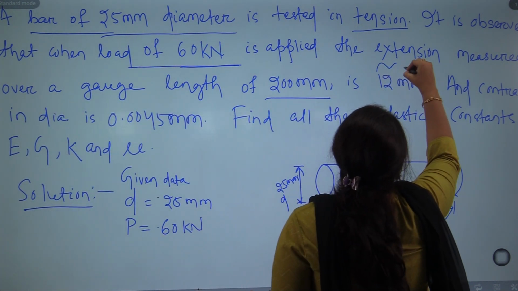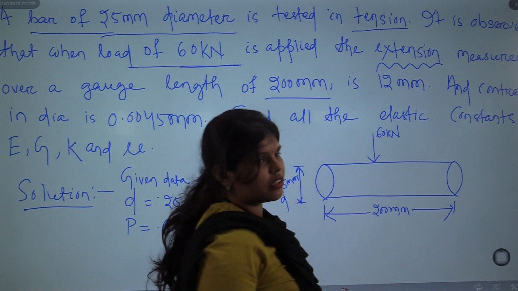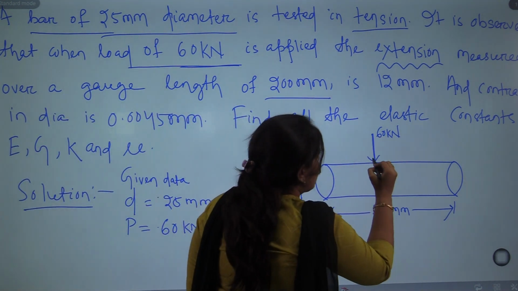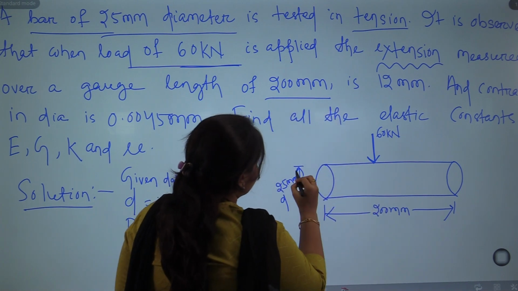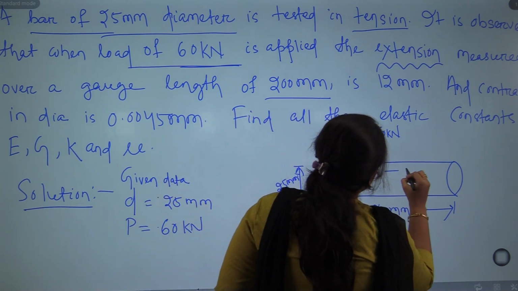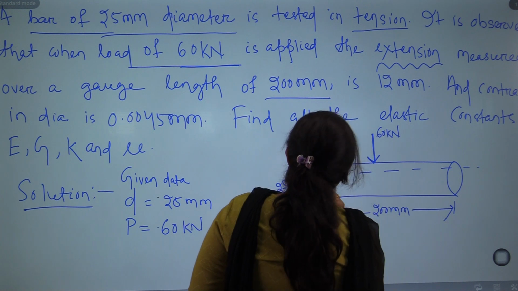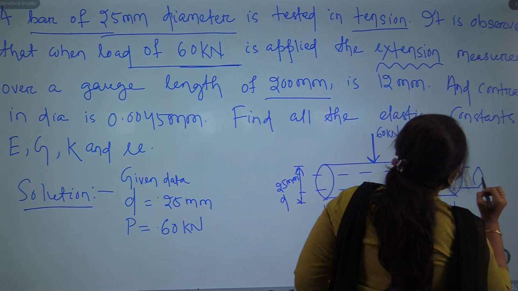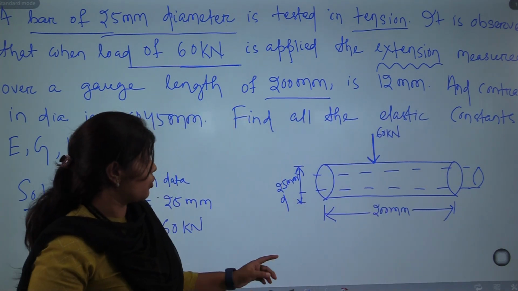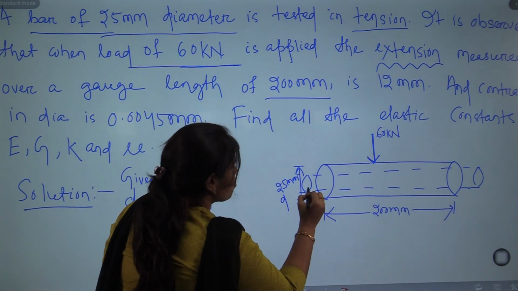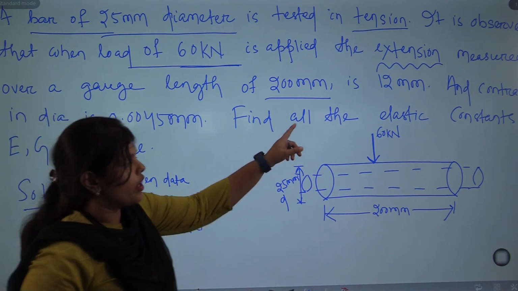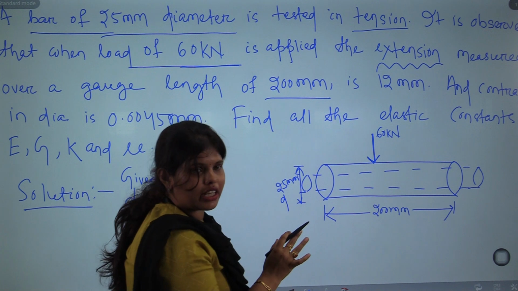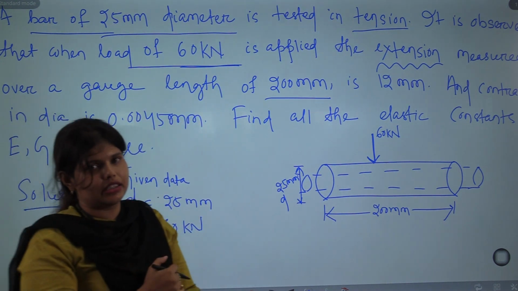Here one word left is extension. What extension? When tensile load is applied, what will occur? This length will extend. Before, in solving about Poisson's ratio, we have known that when a load is applied, the bar will extend in one direction and compress in another direction.